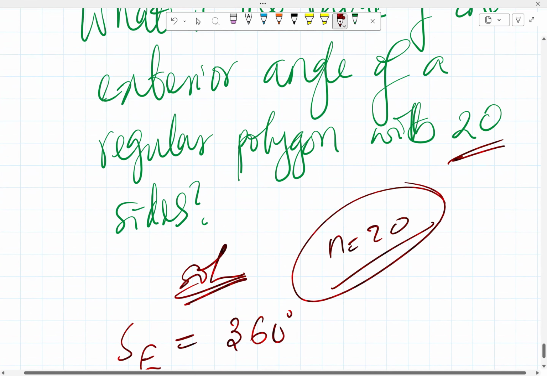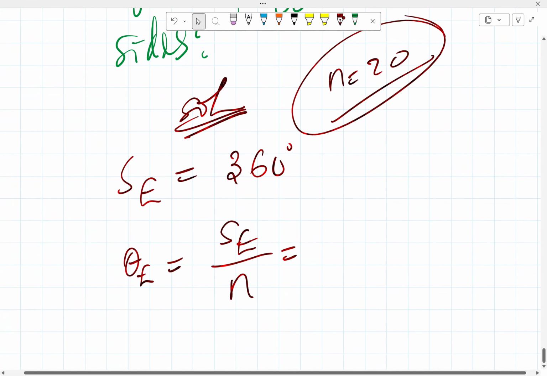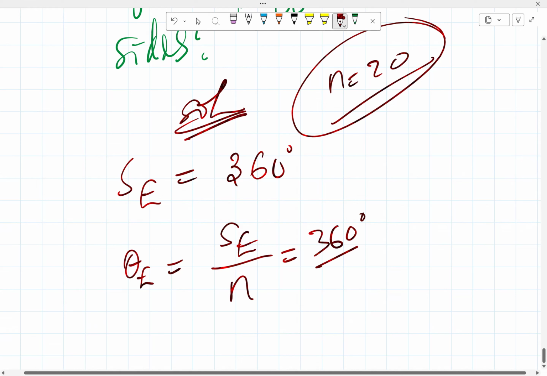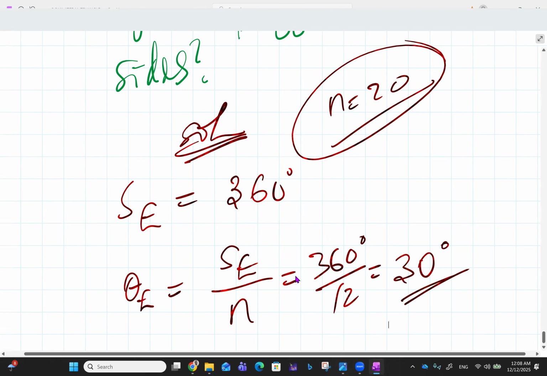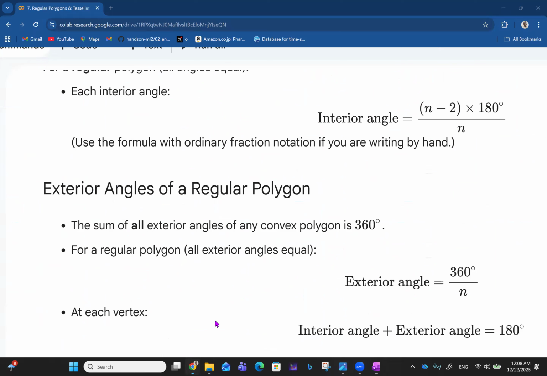So it will be 360 degrees divided by 12. That will be 30 degrees easily. So the value of an exterior angle of a polygon with 20 sides is simply 30 degrees. So we move on to the next thing.